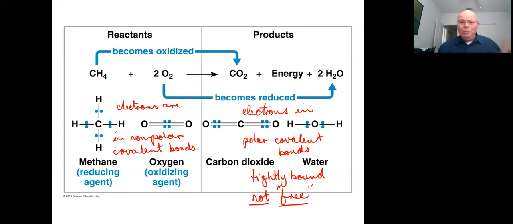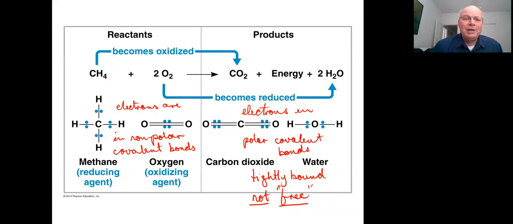So the point here is that these electrons are no longer free to be given away because the oxygen in both water and carbon dioxide, being very electronegative, hold on very tightly to those electrons, comparatively speaking, because the difference in electronegativity between carbon and oxygen and between hydrogen and oxygen is quite large enough to trigger the formation of very stable polar covalent bonds.